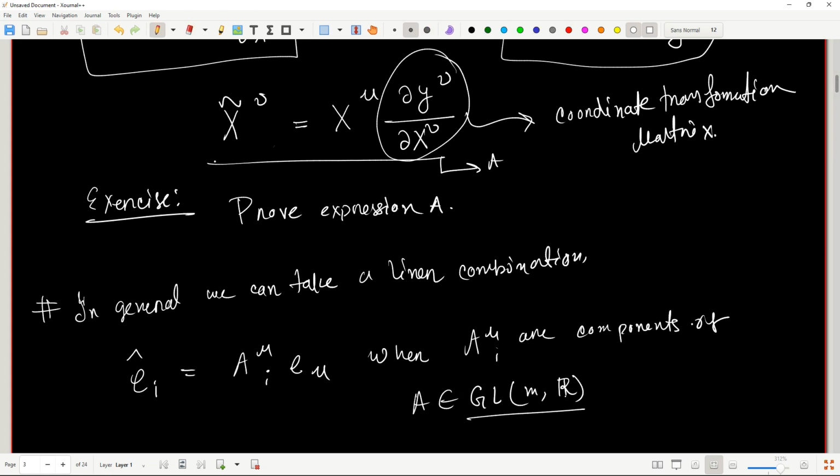This means the general linear group of m cross m matrices that have real entries and that they are invertible.